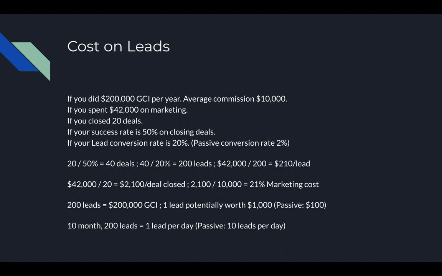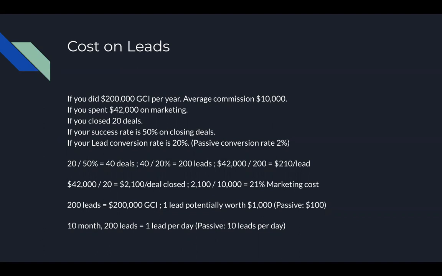So $42,000 divided by 20 means $2,100 per deal to develop a client, and $2,100 divided by $10,000 is 21% marketing cost. Your marketing cost is over 20%, which is way too high.